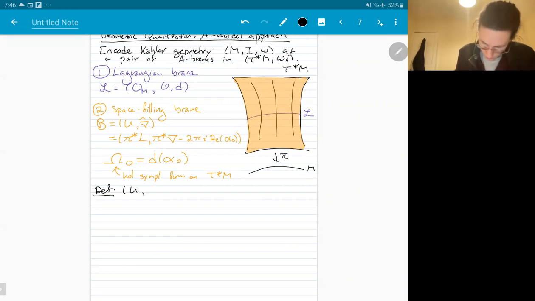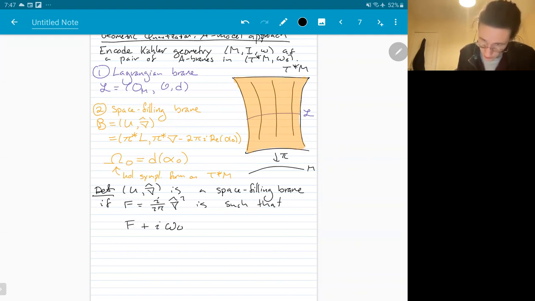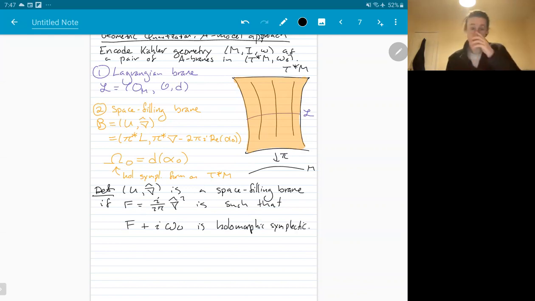So (U, nabla hat) is a space-filling brane if, let's call the curvature F, so F is going to be i over 2 pi times the curvature of nabla hat, is such that F plus i omega naught is holomorphic symplectic.